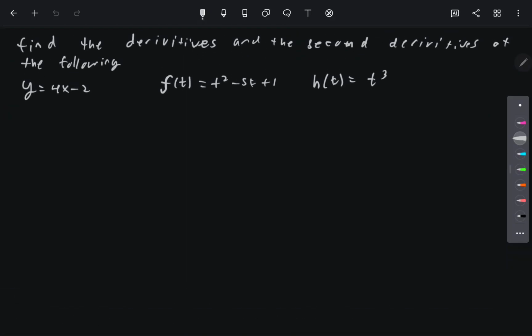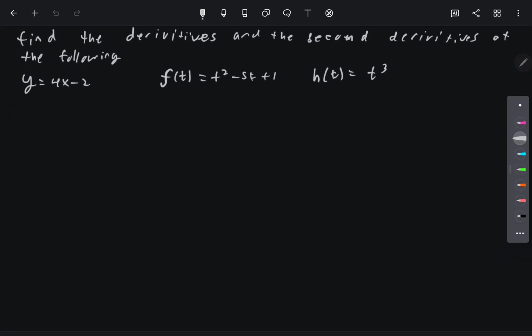So I now have a few more challenging problems that I'd like us to do. So for this first one, we want to do d over dx of y is equal to the limit as h approaches 0 of 4(x plus h) minus 2 plus 4x plus 2.